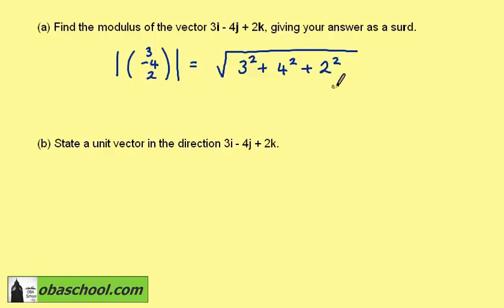Note we don't need to use the minus 4 because minus 4 all squared will give us the same result as 4 squared. So this is the square root of 9 plus 16 plus 4, which is root 29.